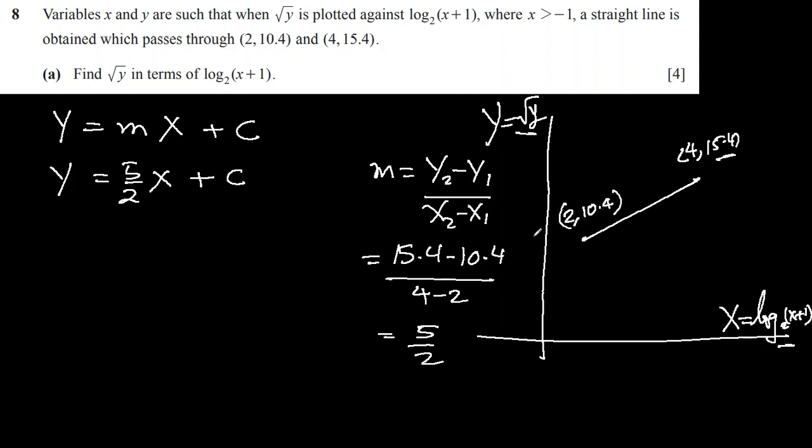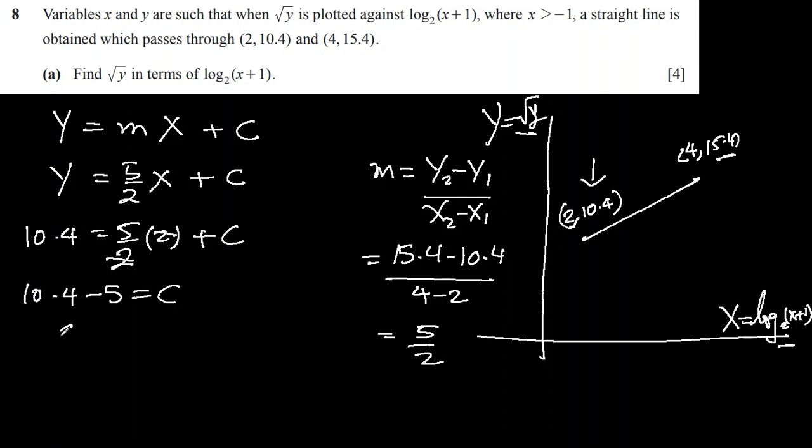To find c, we can substitute any of the 2 points into the equation and we'll get it. Let me choose the easier one. So 10.4 equal to 5 over 2 times x. X is 2 plus c. 2 and 2 cancel out. So 10.4 minus 5 equal to c, and c becomes 5.4.